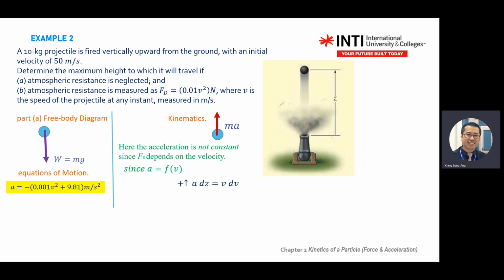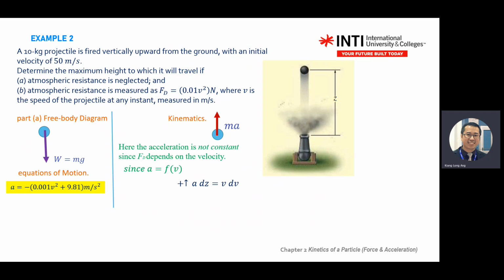So recall there's one more equation besides the three, when we freeze the time by using the velocity equation. We freeze the time, dt equals dt, and you arrive at a dz equals v dv.